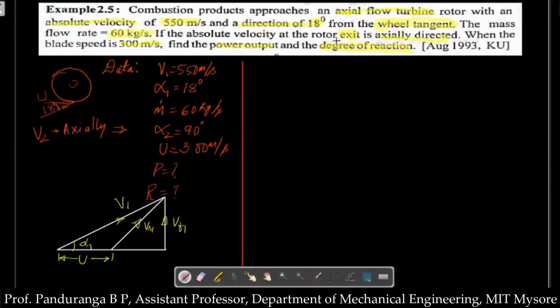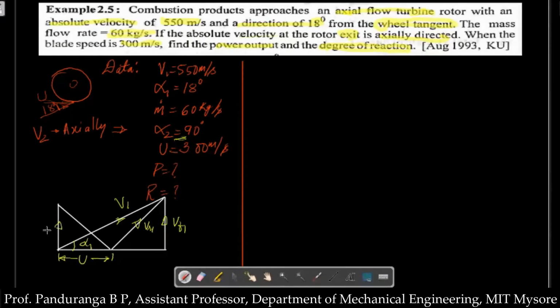But for the outlet velocity triangle, they say the absolute velocity at the rotor exit is axially directed, which means alpha 2 is 90 degree. So to draw the velocity triangle here, V2 starts from this point where V1 has started. There I'll draw a vertical line, and then from the starting of VR1, I'll join the end of this line.